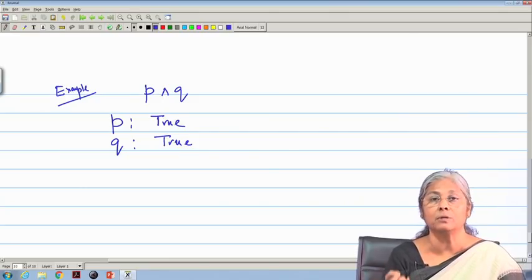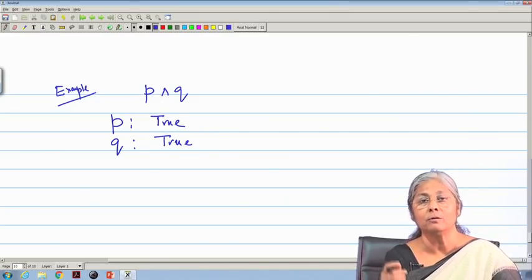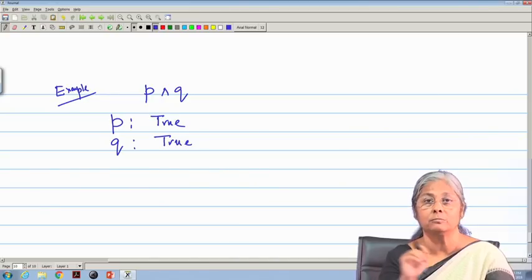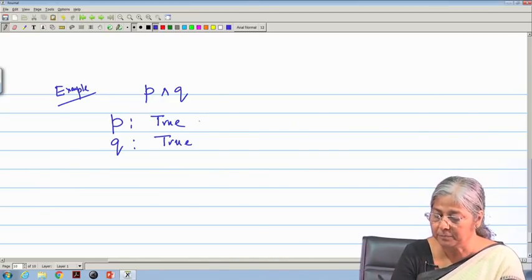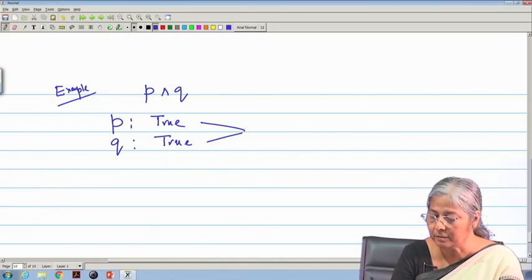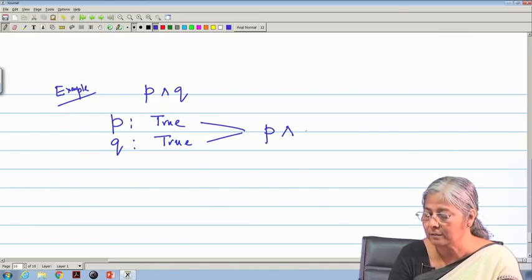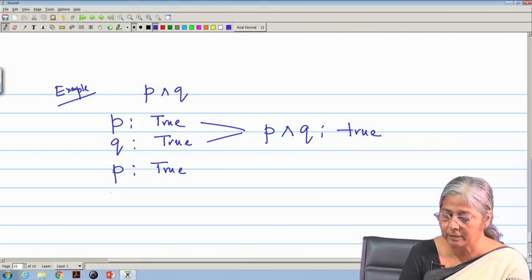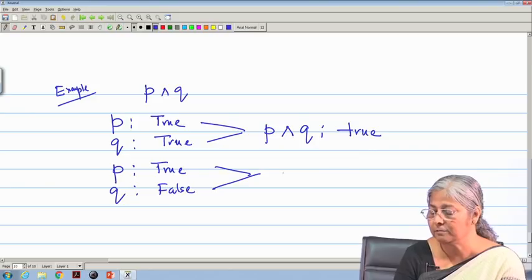That gives you one particular truth value of the truth table. So, if P and Q are true, then P and Q is true. We can write it this way: if P is true and Q is false, then P and Q is false.